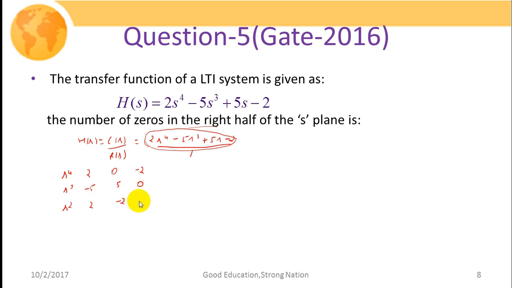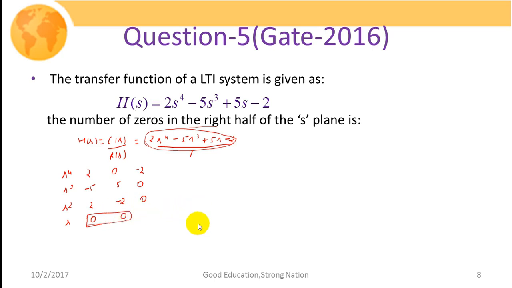Again the next coefficient is 0. Then the next row is 2 times 5 is 10 minus 10, that is equal to 0, and then again the next row is 0. So this actually becomes the row of zeros. So we need to evaluate the auxiliary equation and then complete our Routh table.